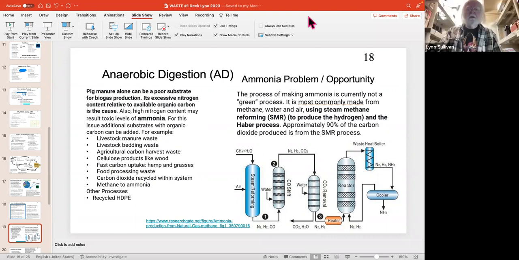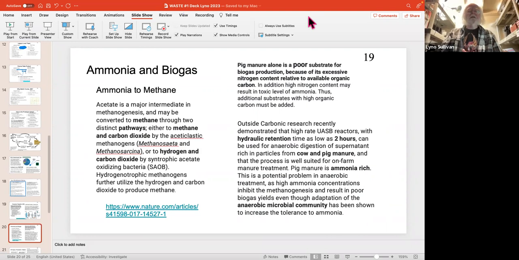I'll proceed. Okay, ammonia and biogas. And here now is talking about processes that produce methane and carbon dioxide, and hydrogen and carbon dioxide.